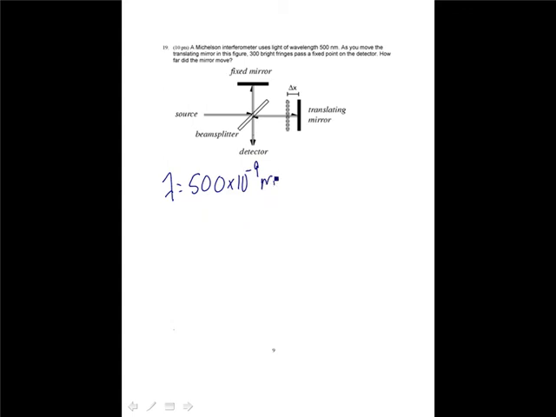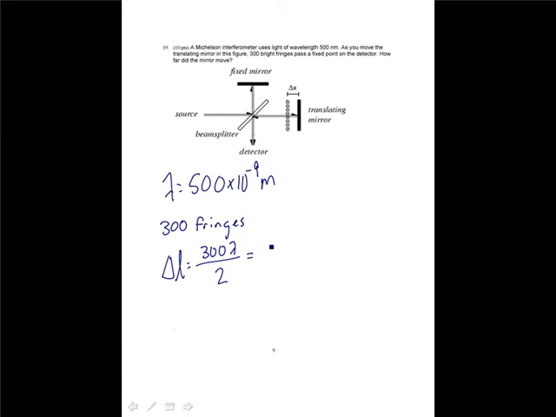Alright, a Michelson interferometer uses light of wavelength 500 nanometers. As you move the translating mirror in this figure, 300 bright fringes pass a fixed point on the detector. How far did the mirror move? Well, as we said before, the change in your path length difference, delta L, is going to equal 300 lambda, the number of fringes that pass by, divided by 2.